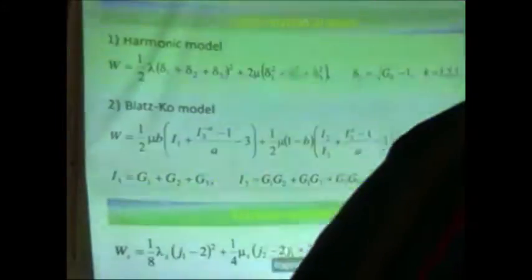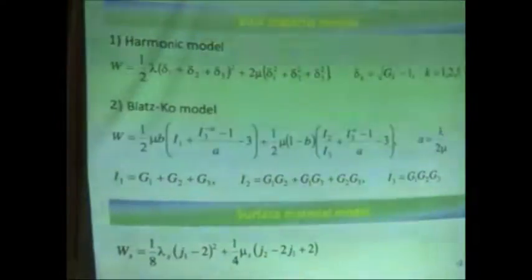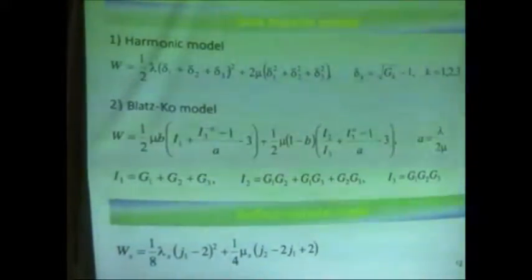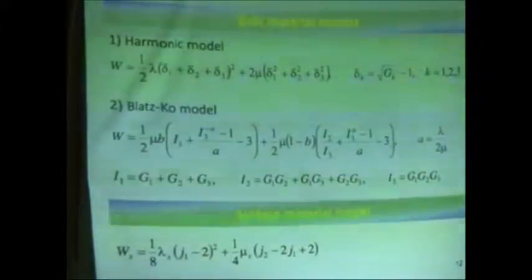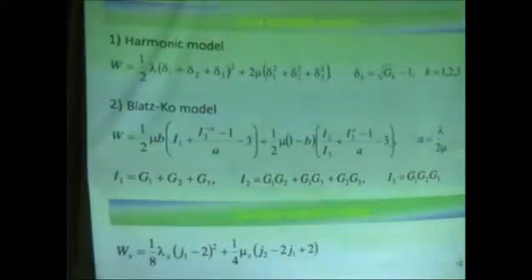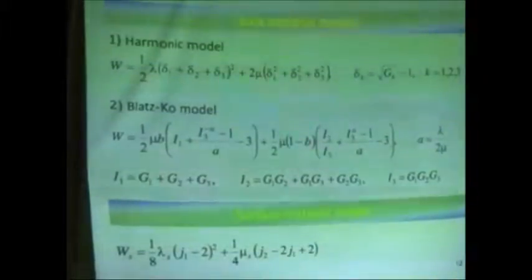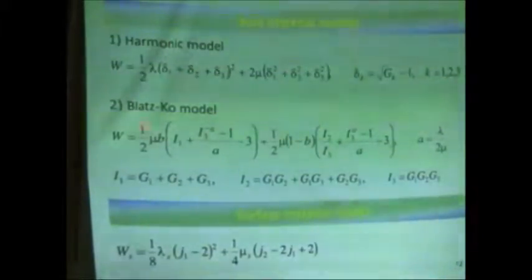Further, I will discuss some results of numerical simulations which were obtained for an aluminum rod in the case of simple axial compression. We used here two models for the bulk material, namely the harmonic model and the blades and core model.